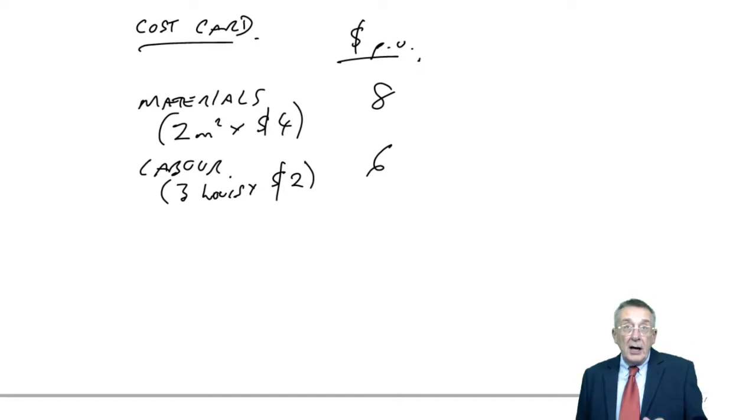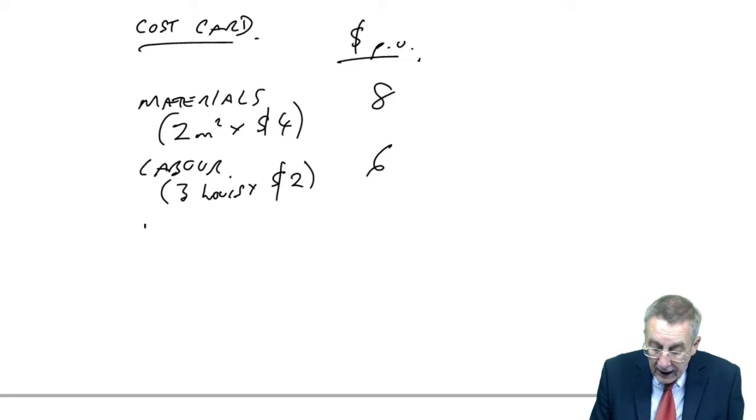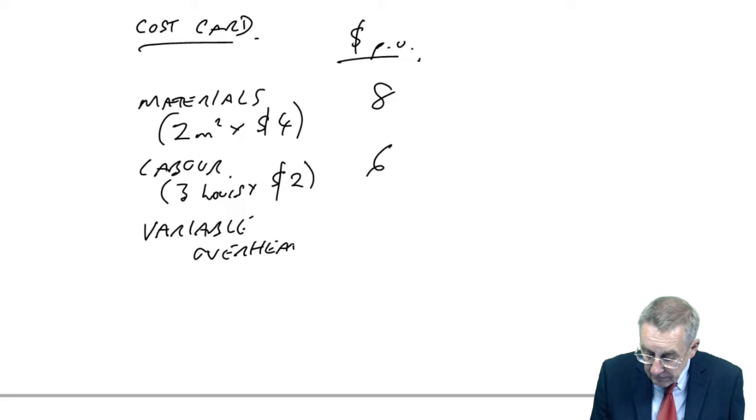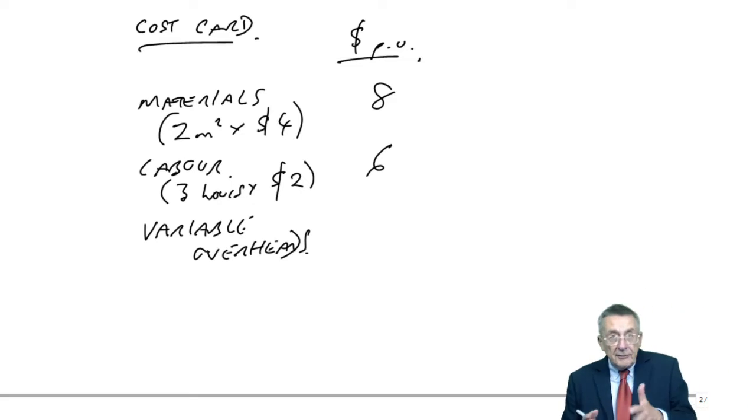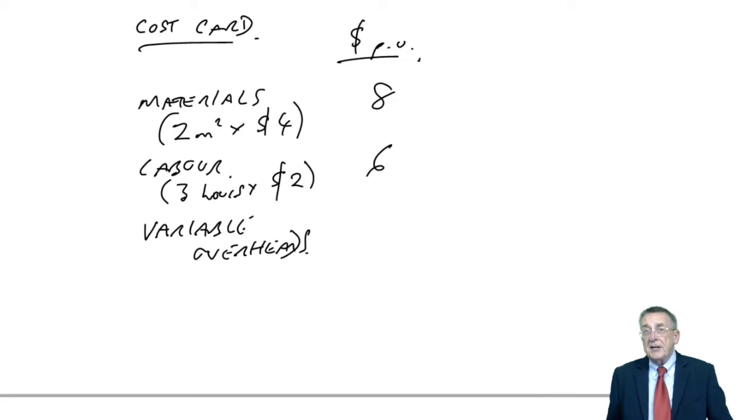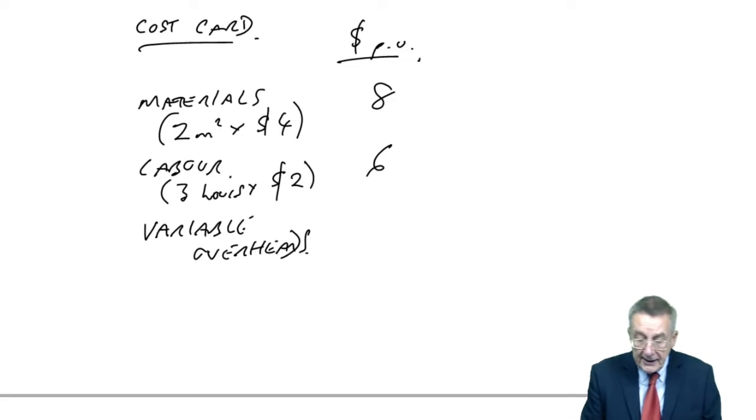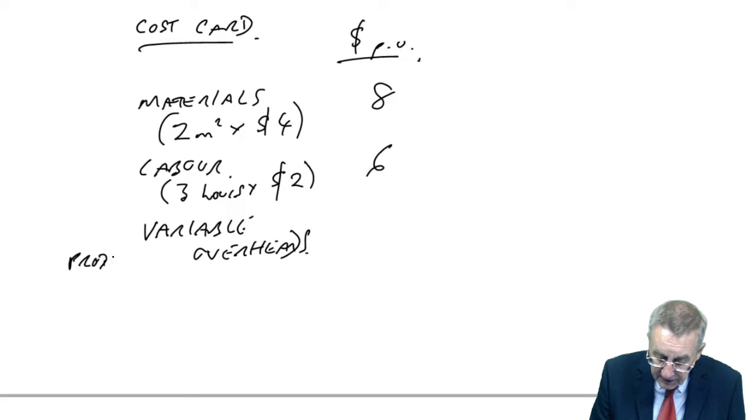In addition, we'll have overheads. We'll have variable overheads. In the factory, we're talking about production costs here, so variable production overheads.